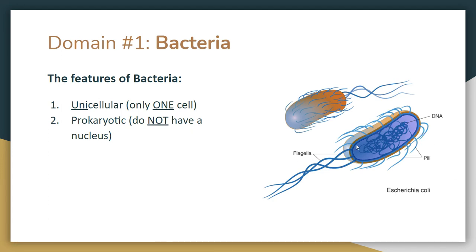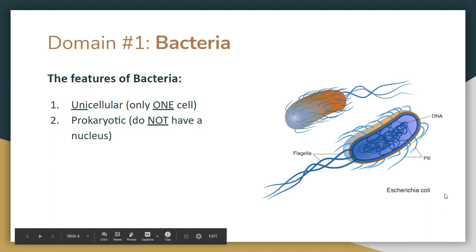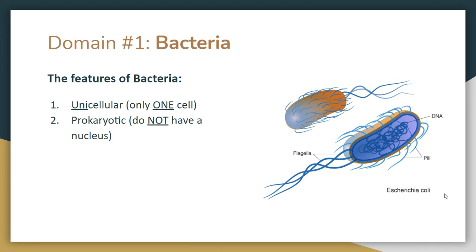This DNA isn't in a nucleus, it's just all in the one cell. So they're unicellular and prokaryotic, which means they are only one cell and they don't have a nucleus. If you look in there as well, they don't have any organelles that have membranes. All of it's just in there, without membranes, none of it.